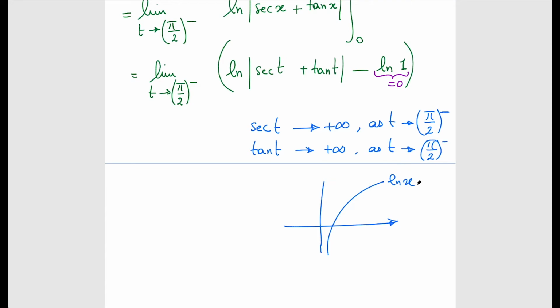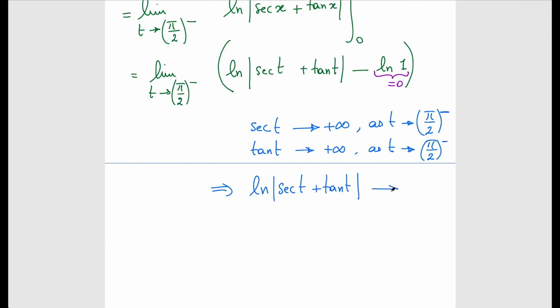So ln of something big is very big. All right, so this entails that ln of the absolute value of secant of t plus tangent of t is gonna go to plus infinity.